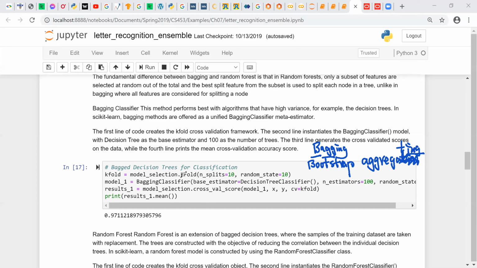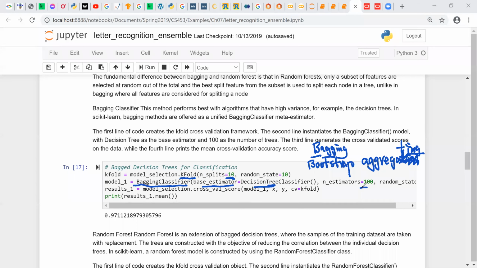The first thing we do is apply k-fold cross-validation. That's why over here we set up a k-fold model with 10 splits. Then we do BaggingClassifier. For this bagging classifier, the base estimator, we use a decision tree.